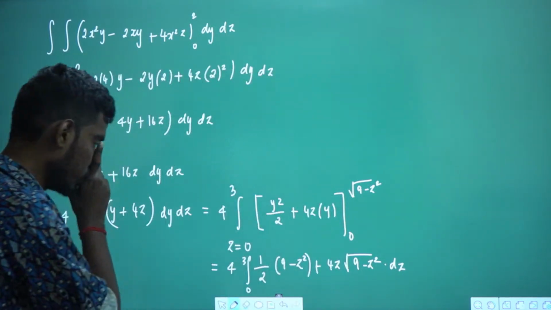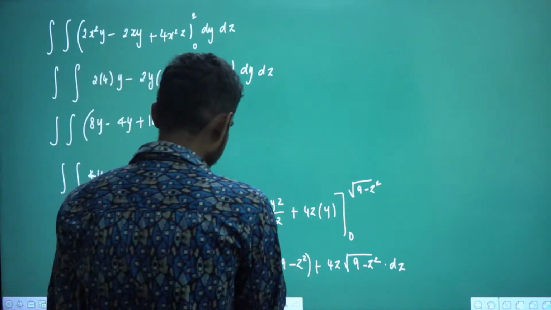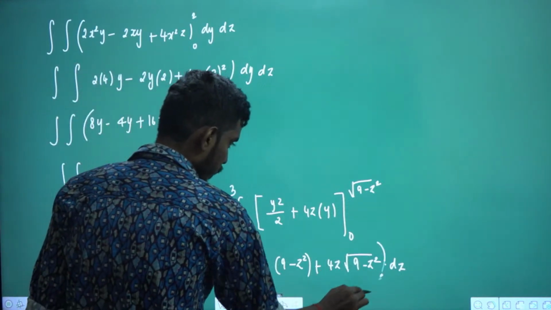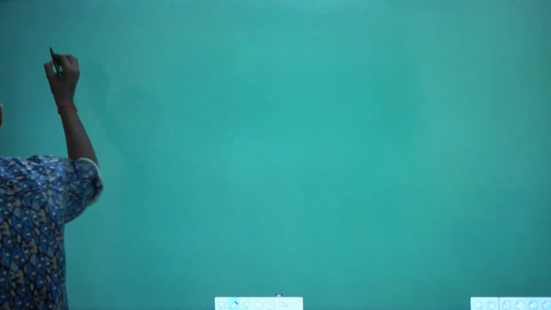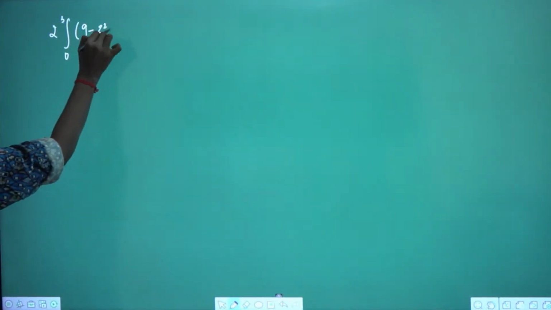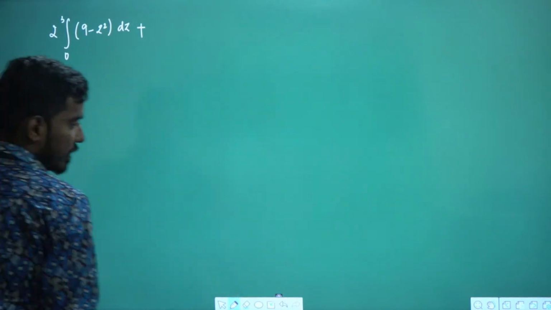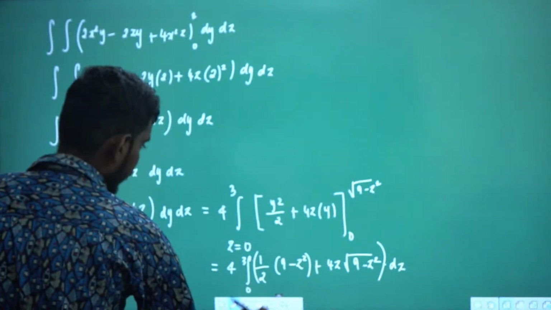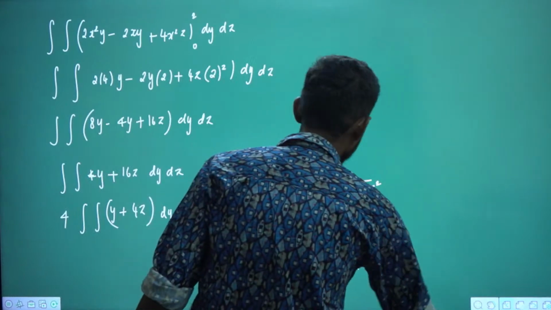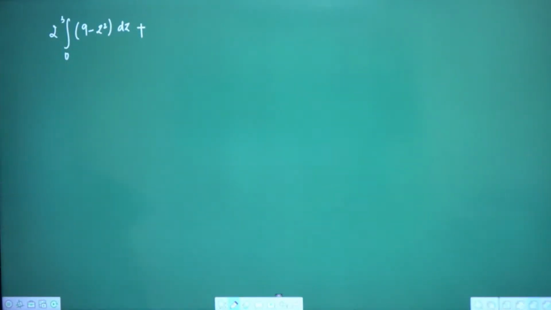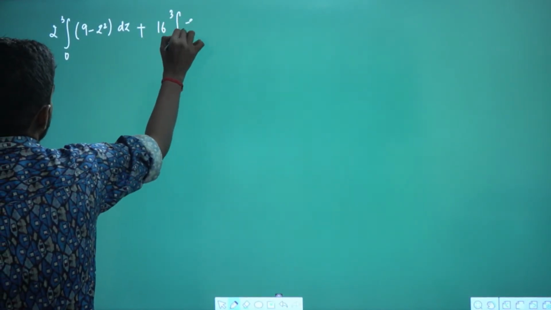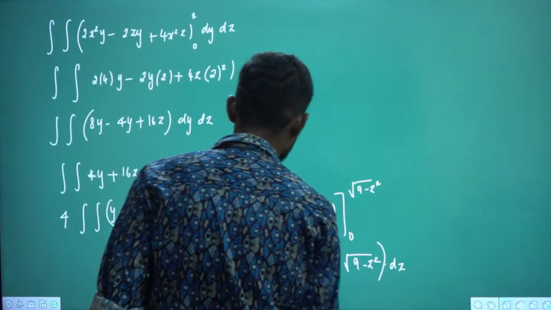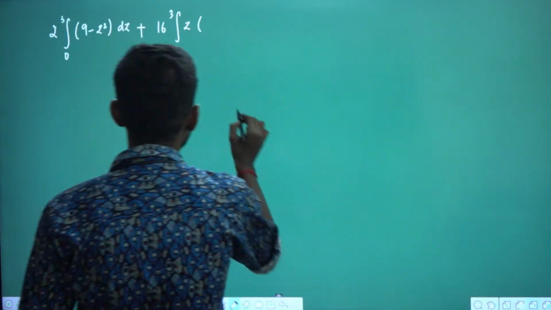So what we can do is, let me multiply this 4 inside. So this will be 4 by 2, so 2 times integration of 0 to 3, 9 minus z square dz, plus, let me multiply this 4 here, so 16 times integration of z into root of 9 minus z square dz.